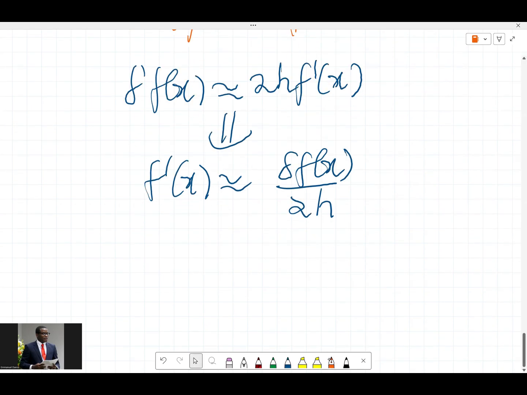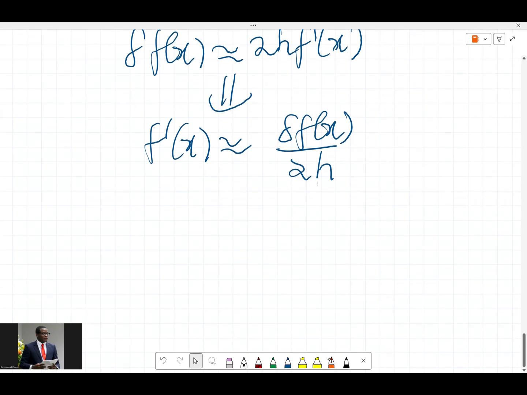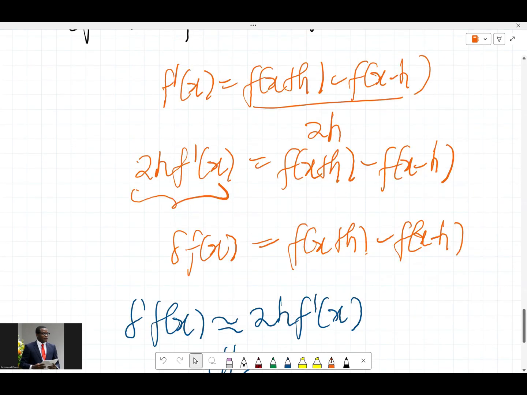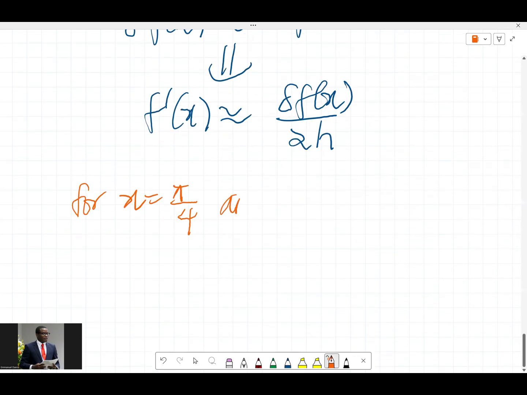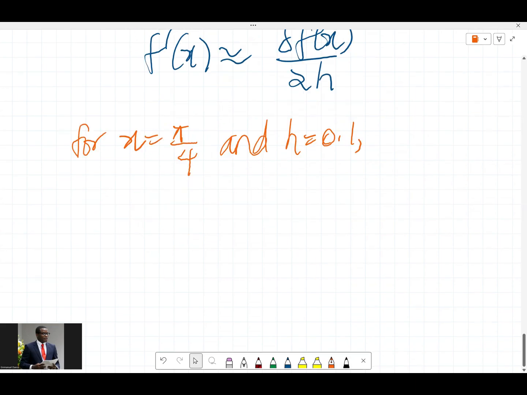If we go on with what we have, for x equals pi over 4 and h equals 0.1, let's see what we get.